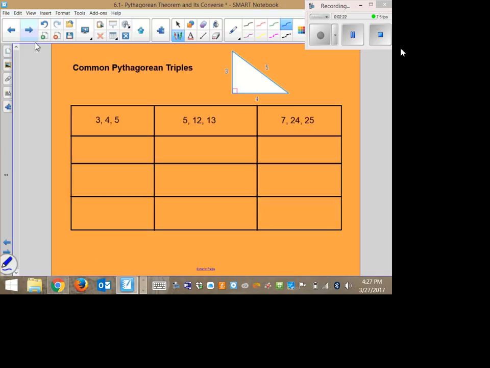So, common Pythagorean triples. A Pythagorean triple is where all sides are integers. So no fractions, no decimals. All right, so common Pythagorean triples, we have 3, 4, and 5, which also means we have 6, 8, and 10, just multiplying this row by 2. And then 9, 12, 15, and 12, 16, and 20.